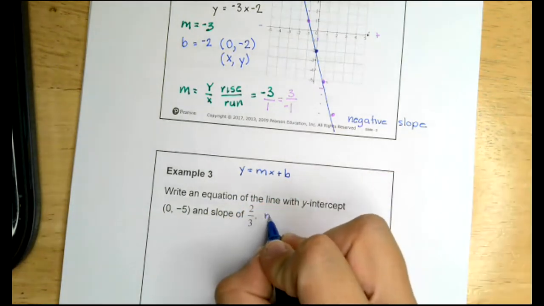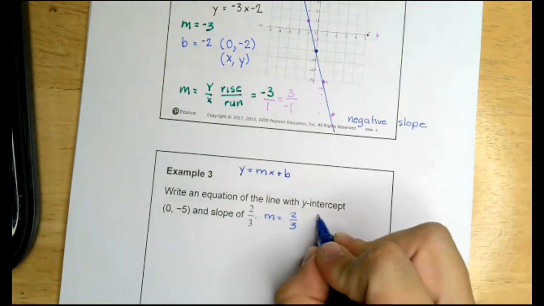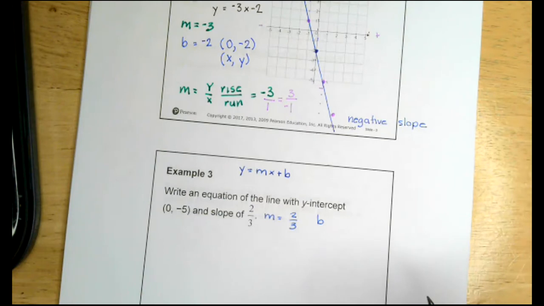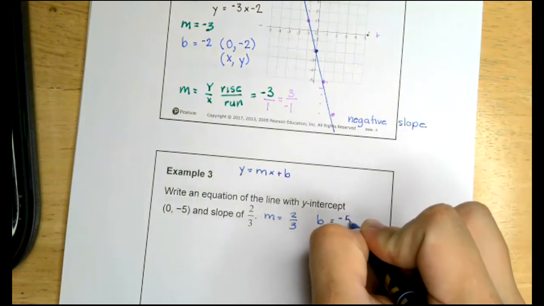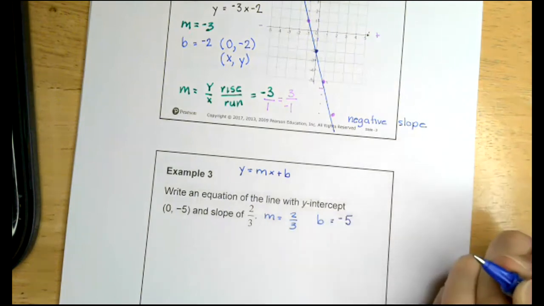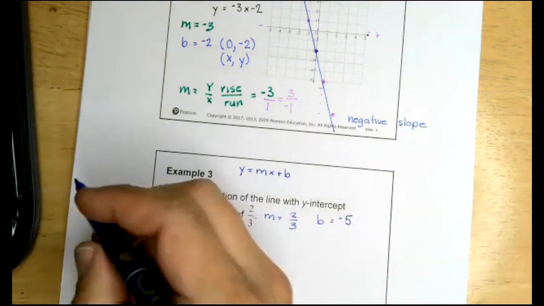So we know m is 2/3, and b, what would b be? B is -5, right?